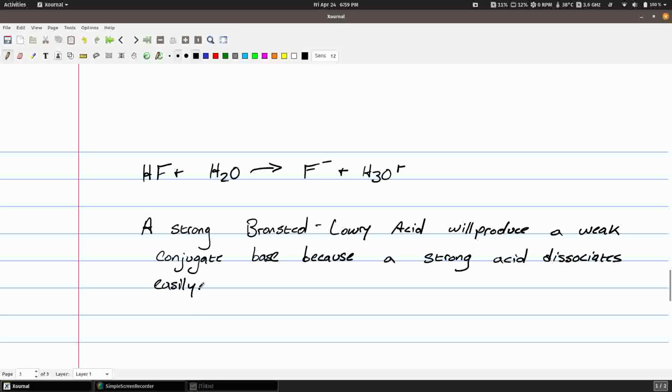So, therefore, the conjugate base would only need a little attraction for protons since they are given up so easily.